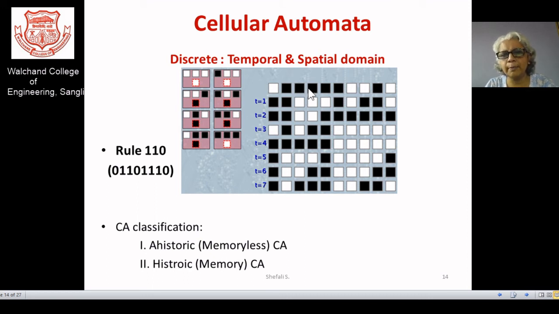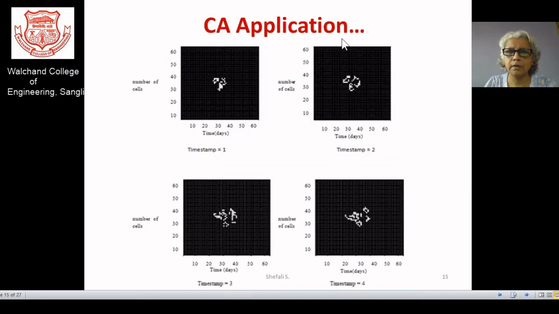So there are 2 approaches: ahistoric, where it will not use any memory, and historic. In the historic case, it is using some memory, and if some memory is assigned, definitely it will go for reversible automata, and that reversible automata will have its own applications.